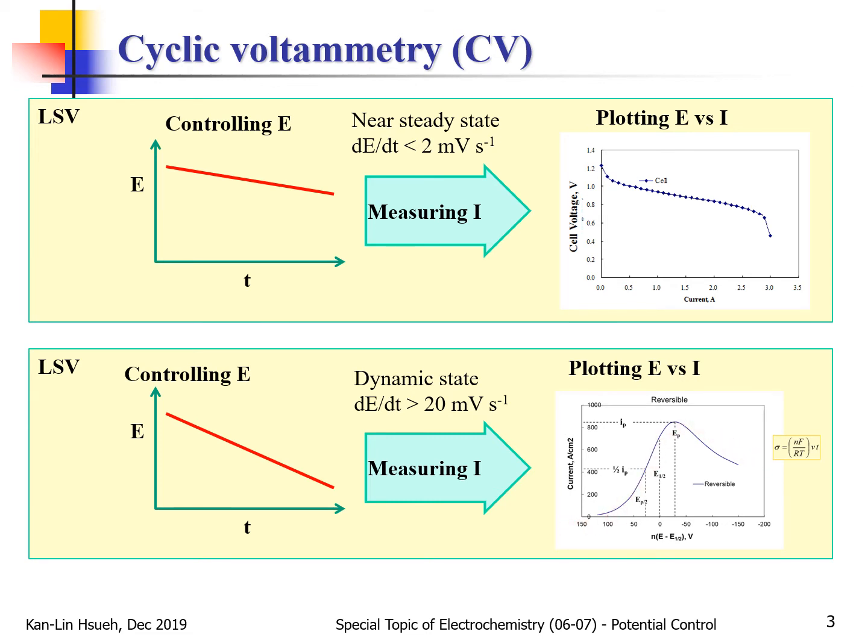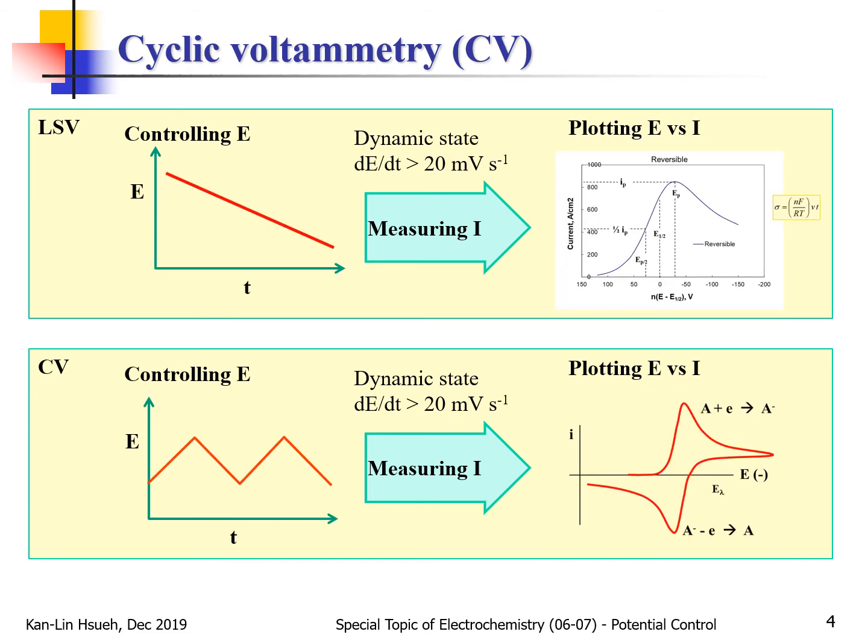Now, it's not only transient, but we're scanning the potential back and forth within a given region, rather than just scanning in one direction. Then we get this potential, and the faster scanning rate gives a transient behavior. This we call cyclic voltammetry, CV.